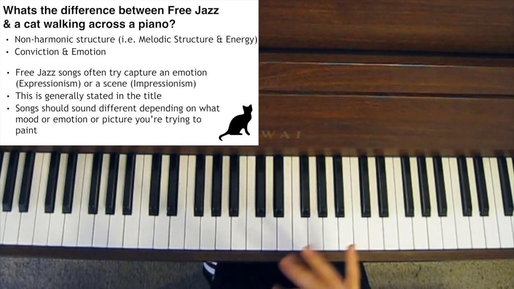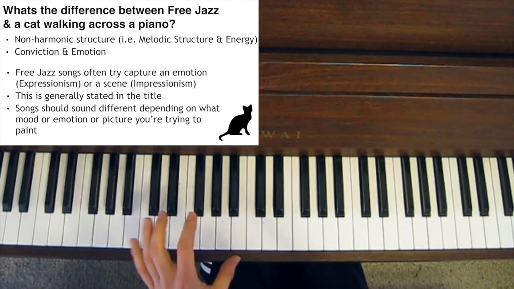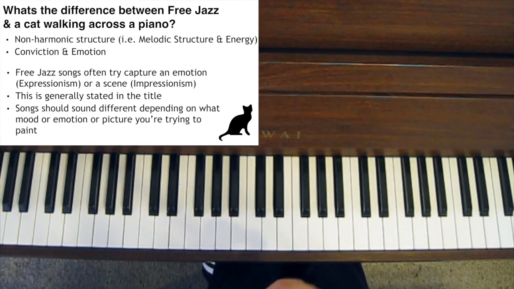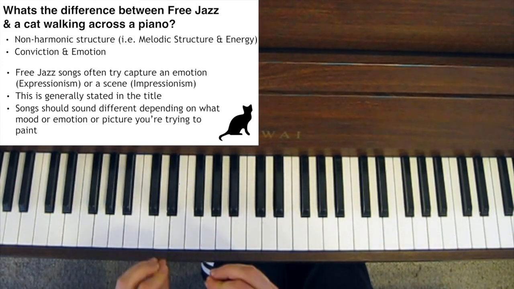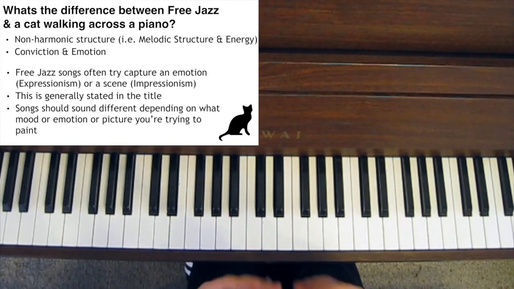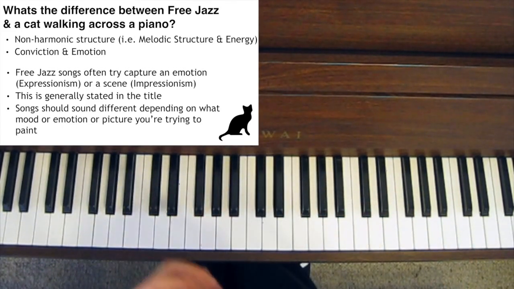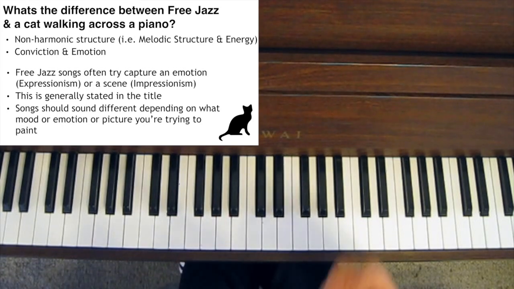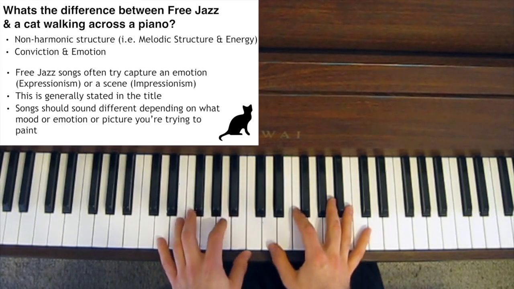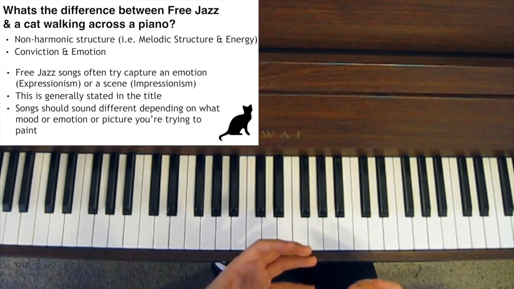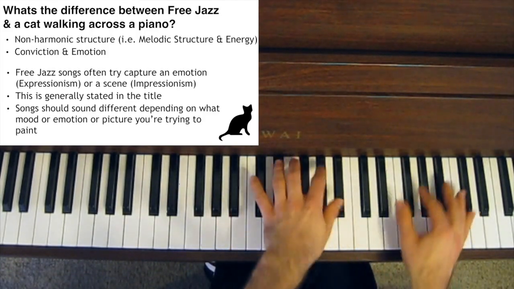Free jazz improvisation over a song called Sadness should sound different to free jazz improvisation over a song called Energetic Puppies. And free jazz also often involves the establishment and the demolition of beauty, sort of creating that contrast, playing something very melodic and then destroying that melodic beauty with something really jarring and unpleasant.